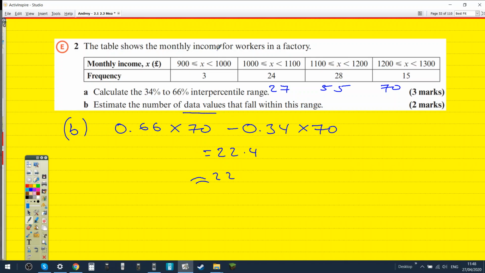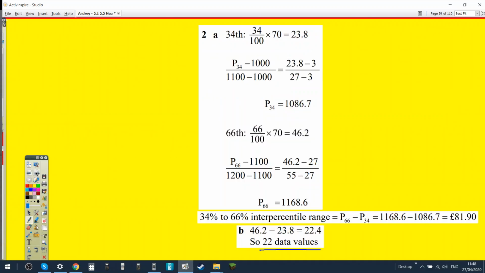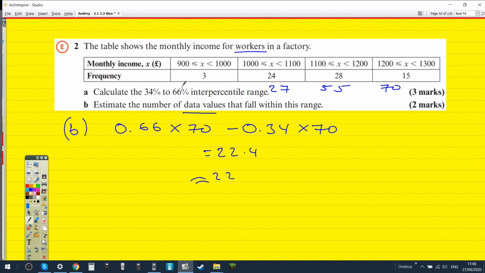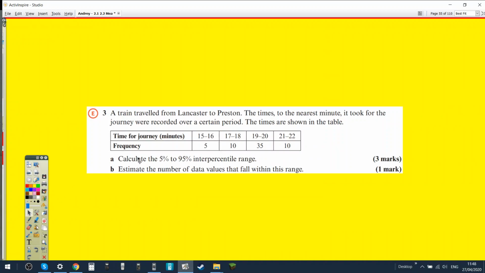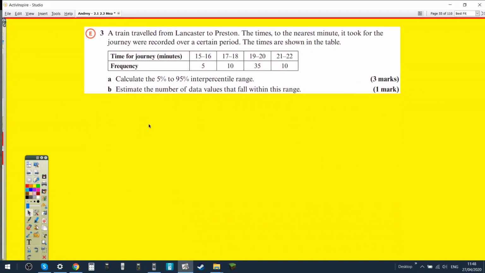So it's like 22 workers roughly are in between that range. Okay, I think you're good. And then the first bit was just P66 minus P34, which I think you're okay for. It takes a long time. It's a bit tricky, but it's the same thing. This one looks the same. I think you're going to be good.